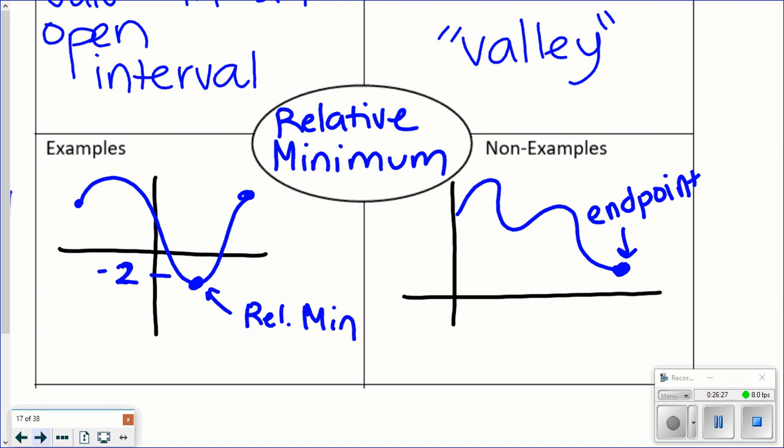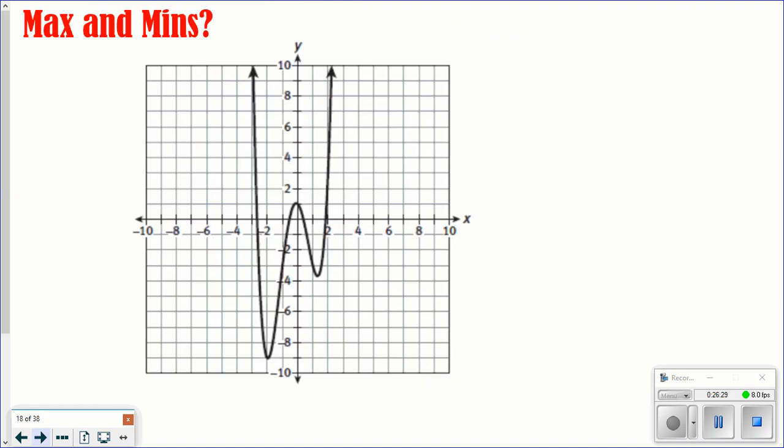Okay. Do we see any relative minimums and maximums on this graph? Let's look for a relative maximum. Where do you see a hill or a high point? Perfect, right here. Good. This is a relative max.